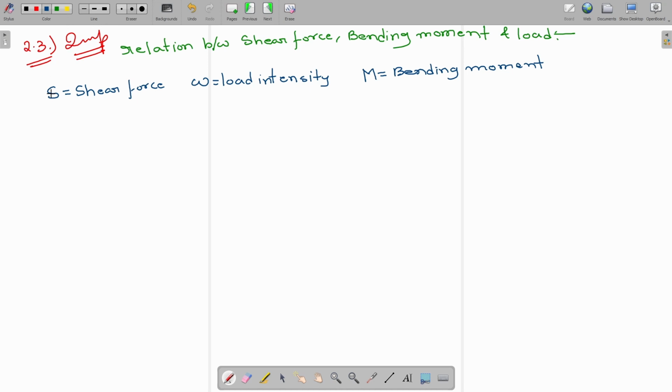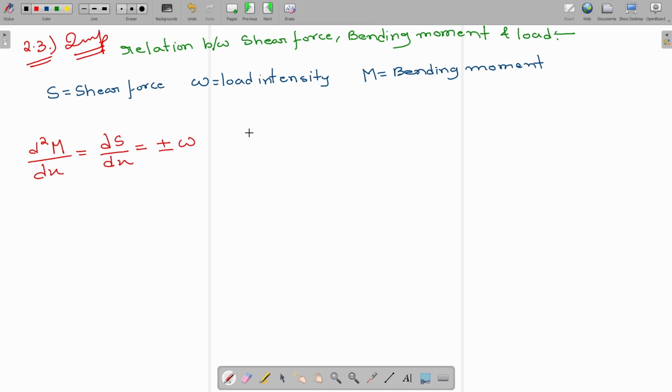The relationship is given as d square M by dx square is equal to dS by dx, which is equal to plus or minus W. This relation is very important. What I'm trying to say is that the double derivative of bending moment, equal to the derivative of shear force, is equal to plus or minus W.